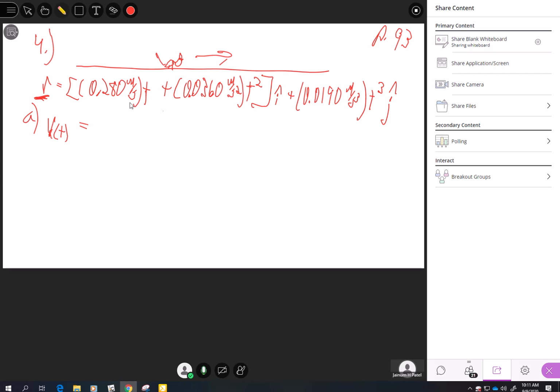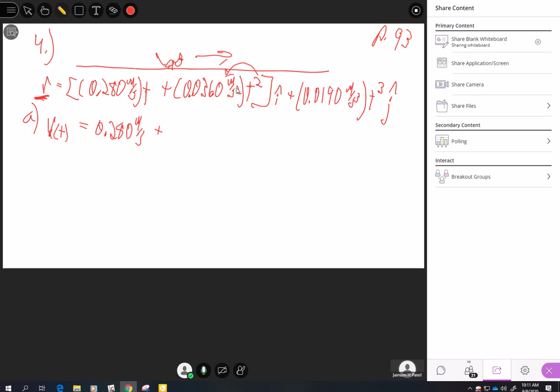Now this is all I, right? This is all my X, correct? So it's going to be 0.280 meters per second plus what? Well, if I multiply 2, now watch what I'm fixing to do. We multiply this by 2 or put a 2 out front. We can do it either way.